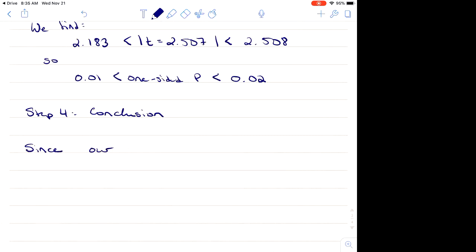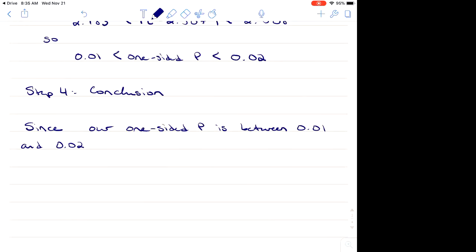So since our one-sided p is between 0.01 and 0.02, it is less than, I said, use a formal hypothesis test with an alpha level of 0.05, so it's less than our alpha level of 0.05. So that's the first part of our conclusion done.